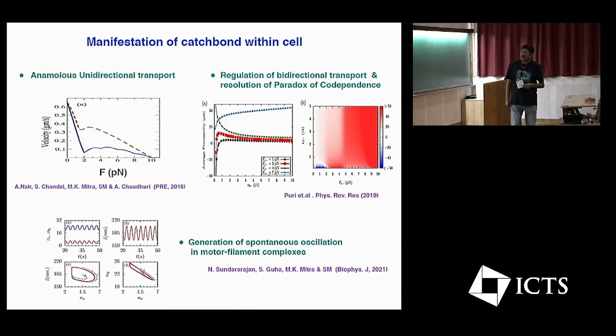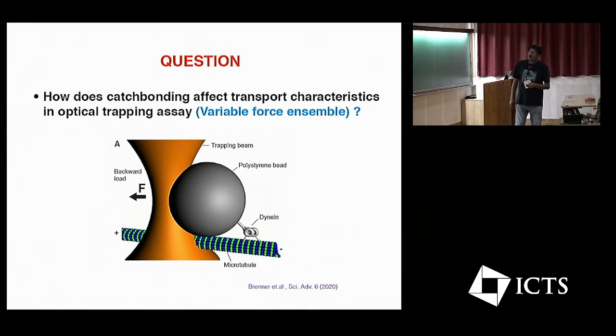One can also see the effect of catch bond manifest itself in the stability of this kind of motor filament complexes, where it can lead to oscillations which are mediated by catch bond. But essentially all these studies were done for a constant force. So there was a constant load force, and we asked what the manifestations of the catch bond are in the context of these intracellular processes. But here I want to focus on the question of catch bond in the context of transport characteristics in optical trapping assays.